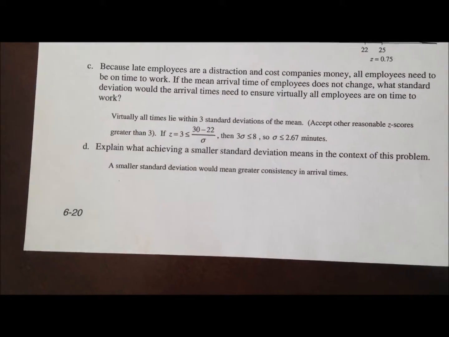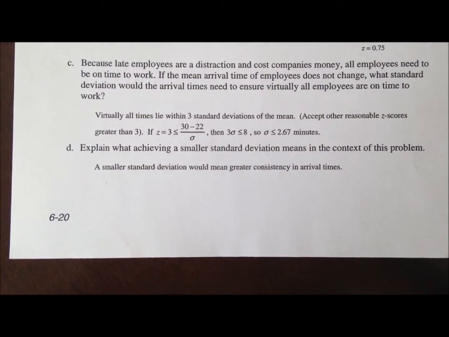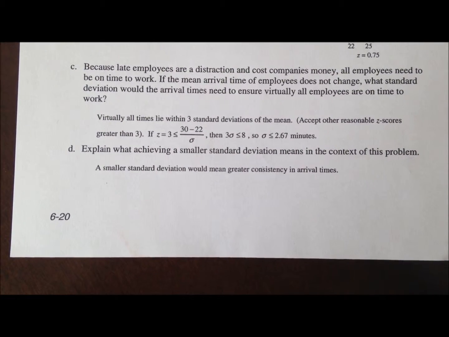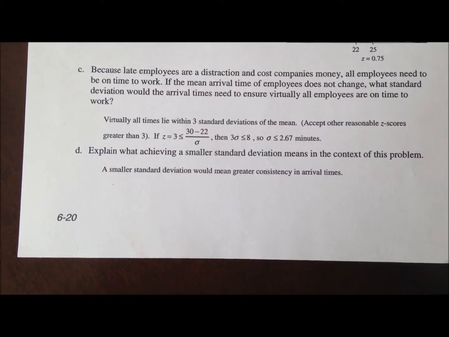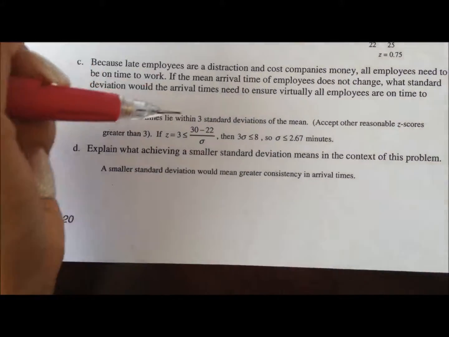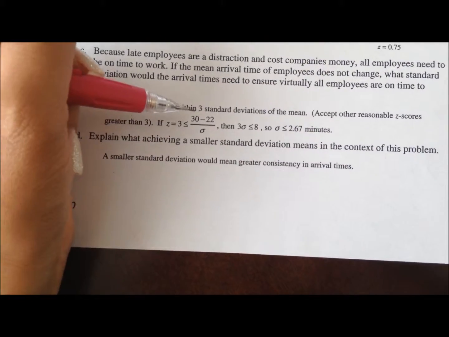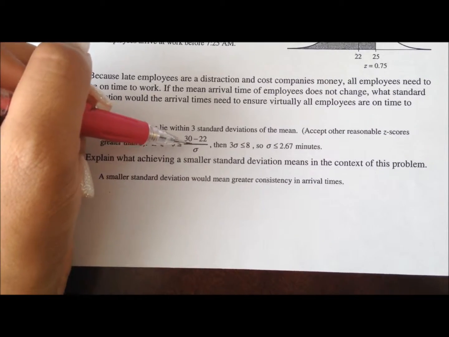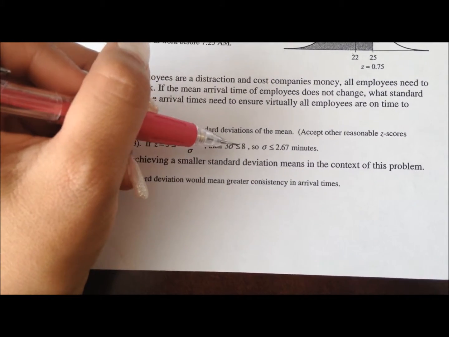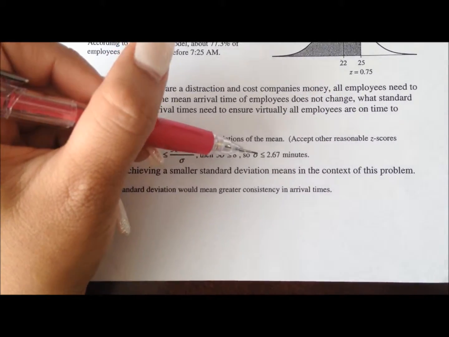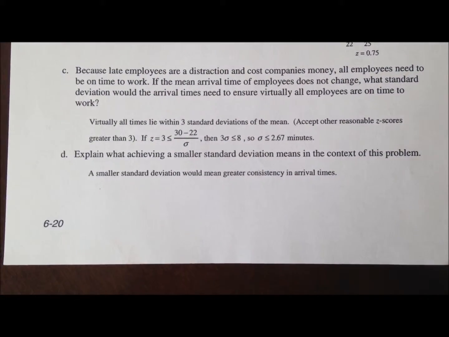So the answer is that virtually all times lie within 3 standard deviations of the mean, except other reasonable z-scores greater than 3. So if the z-score is less than or equal to 30 minus 22 divided by the standard deviation, then 3 standard deviations is less than or equal to 8. So the standard deviation should be 2.67 minutes.